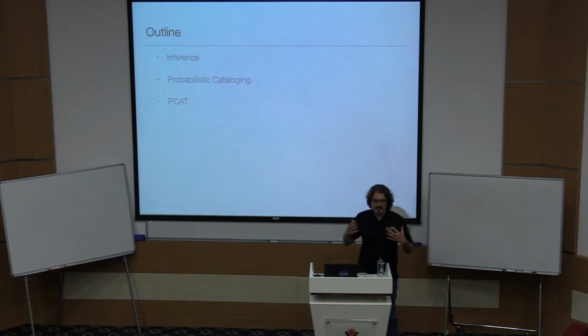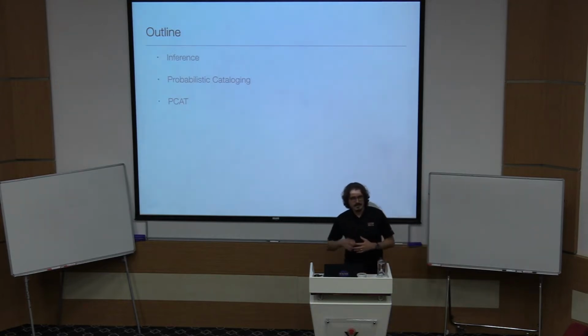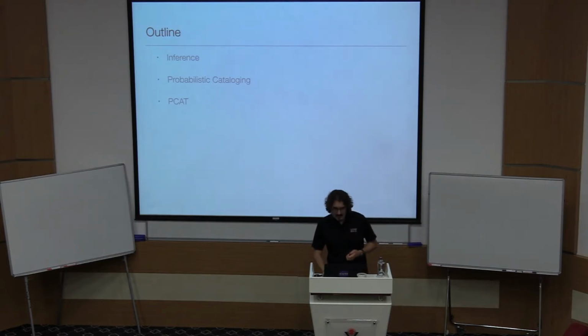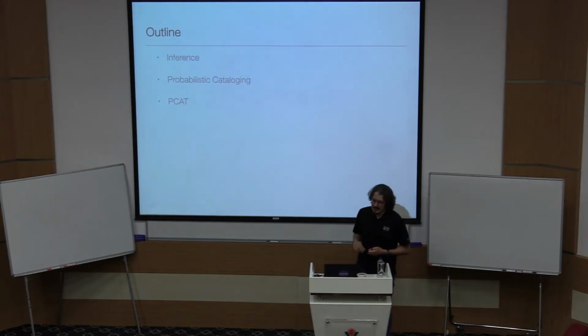So first, we will just basically talk about some fundamental aspects of inference, and then introduce the idea of probabilistic cataloging, and finally just talk about some implementation details and cross-checks of the relevant software that is called probabilistic cataloging, and that's PCAT for short.